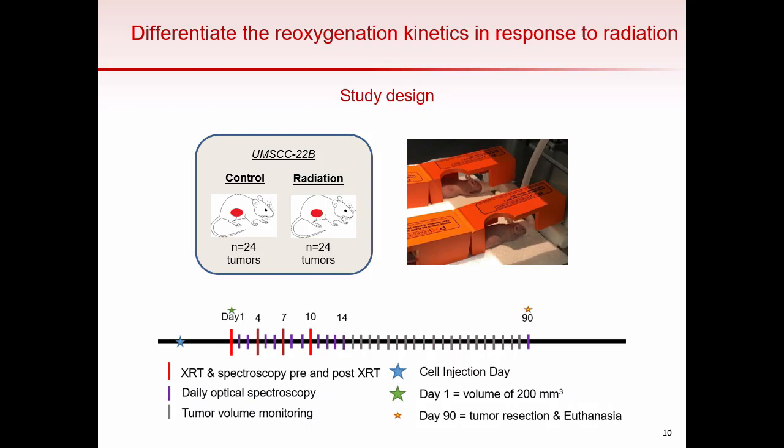For the radiation group, the schedule was pretty much the same, except that we irradiated these animals with 2 grays of radiation twice weekly for 2 weeks, basically on days 1, 4, 7, and 10.